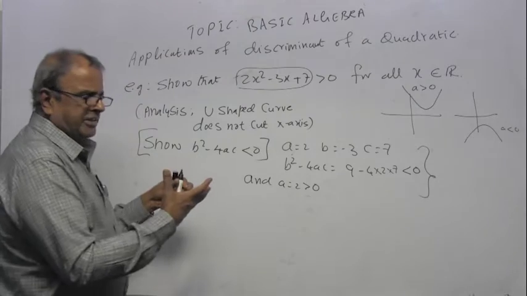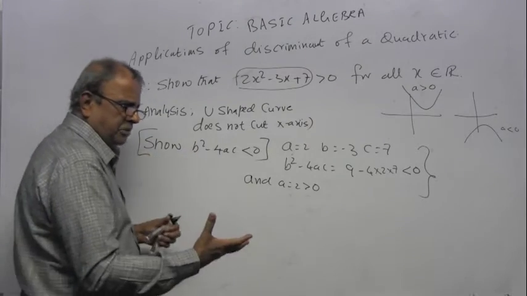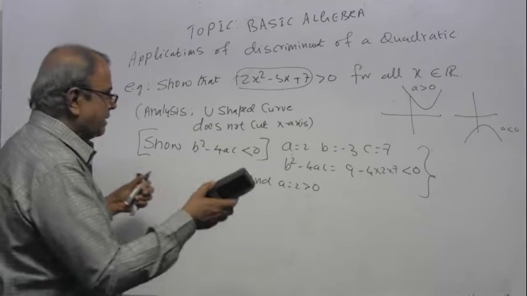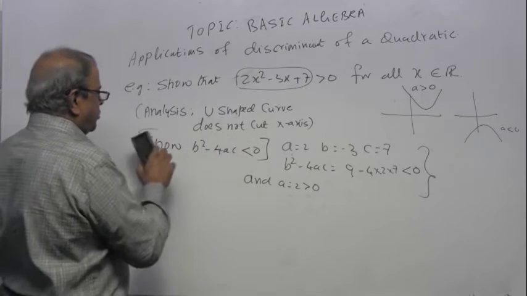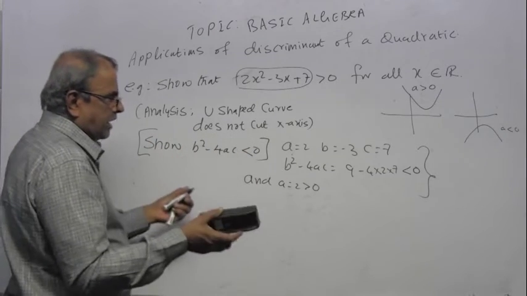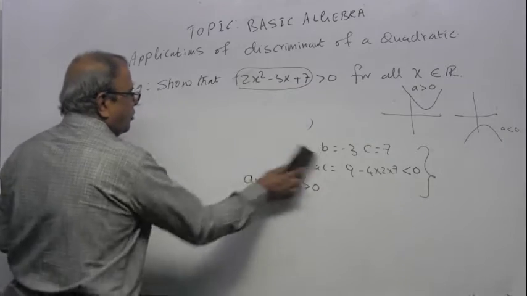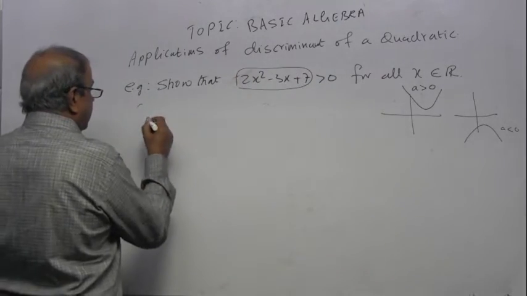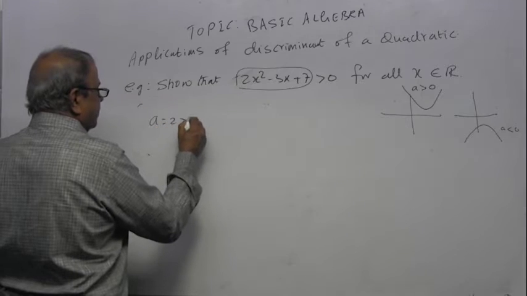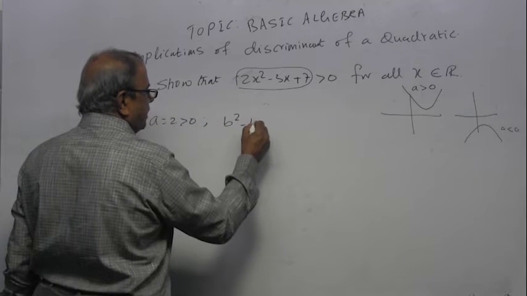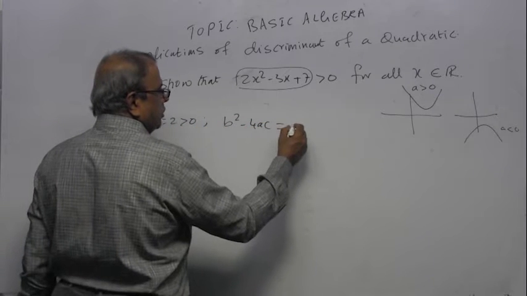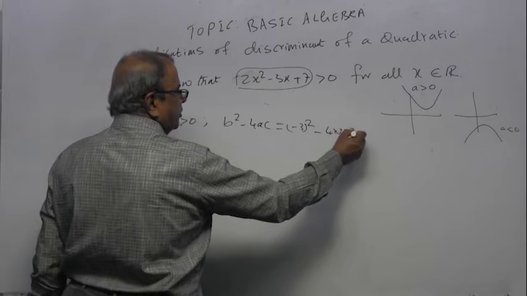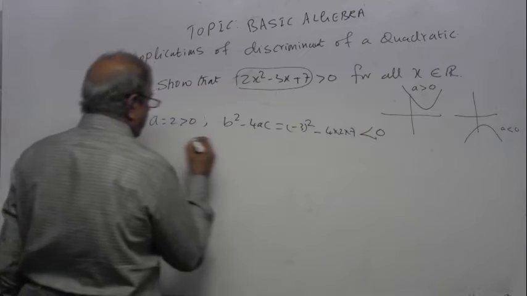So how do you write the solution in the exam? Very simple, you don't have to write any of these things. I'm just showing them for you. From the next example, I won't write all this, I'll just talk to you. I thought since this was the first example, I would show you. So in the exam, what you write is very simple. You say a equal to 2 greater than 0, b squared minus 4ac equal to minus 3 squared minus 4 times 2 times 7, less than 0.